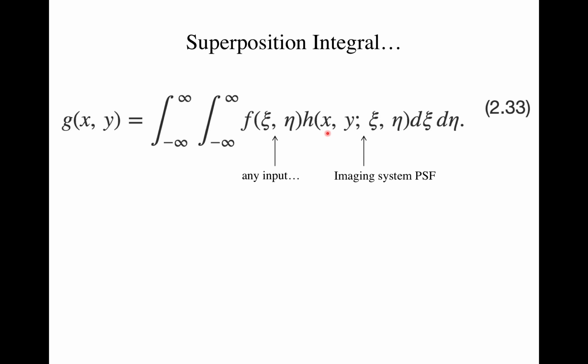If this function, h, which is our imaging point spread function, is really super narrow, or if it's a delta function, then basically this and this are the same thing, right? It just sifts that point out, and we get a perfect picture. That's not the case. Usually we have to integrate over the entire object and look at how all of those pixels affect the one pixel we're reconstructing.